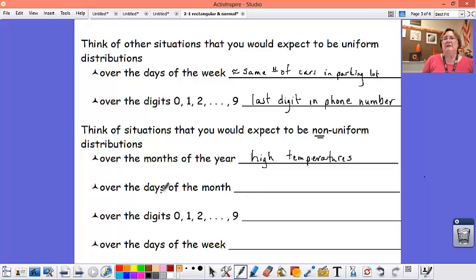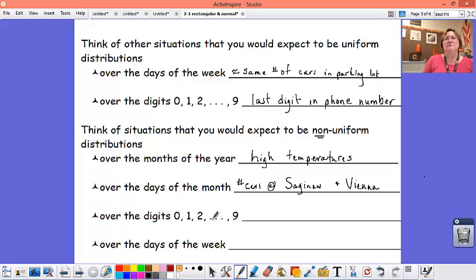Now, this doesn't just mean Monday through Friday, right? This means all the days of the month. So possibly things that are non-uniform there would be the number of cars at Saginaw and Vienna. I'll bet you that's different for different days during the month.